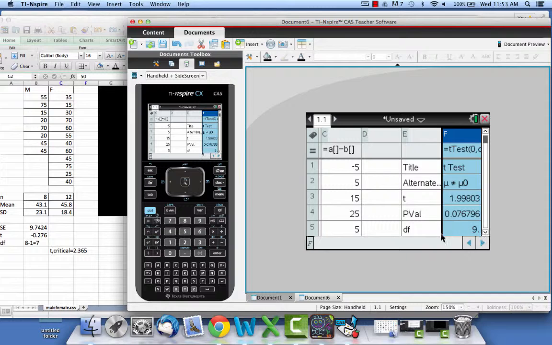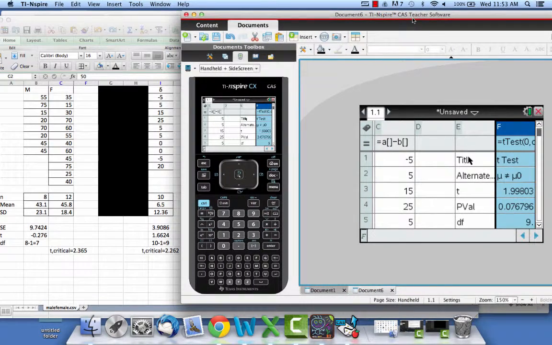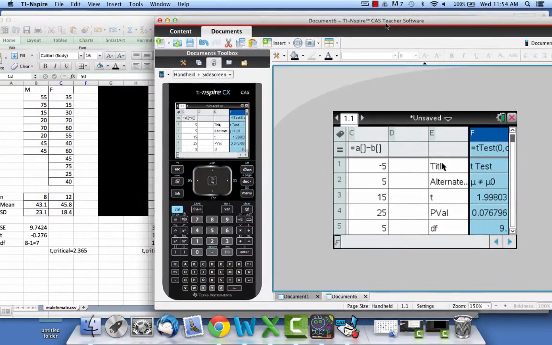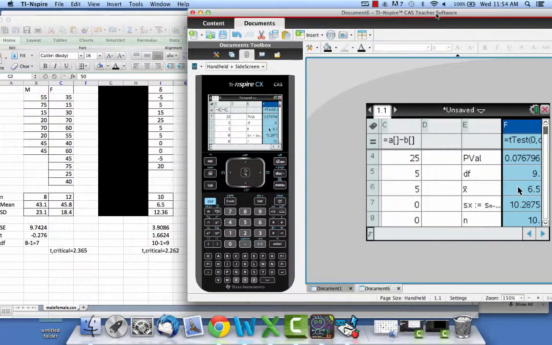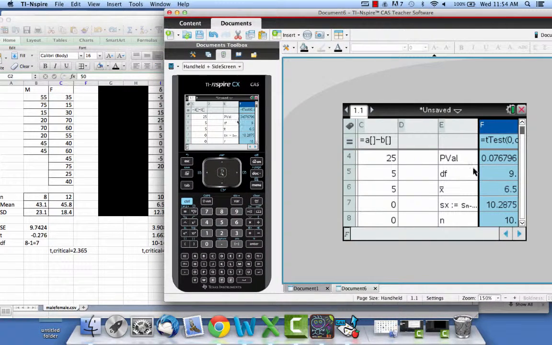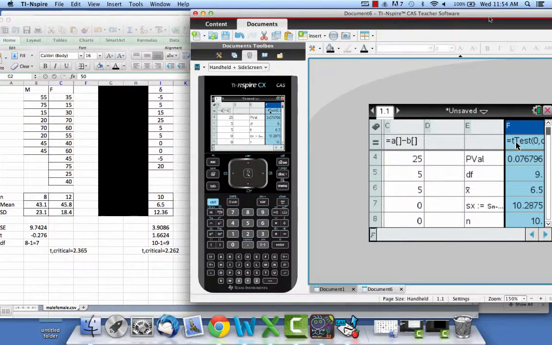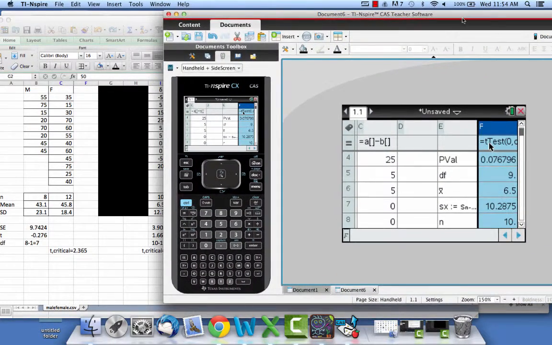Okay, so here's my test. Here's my p-value, t, which is different from my t for reasons I don't understand. Degrees of freedom, 9. Standard deviation, 12.36.